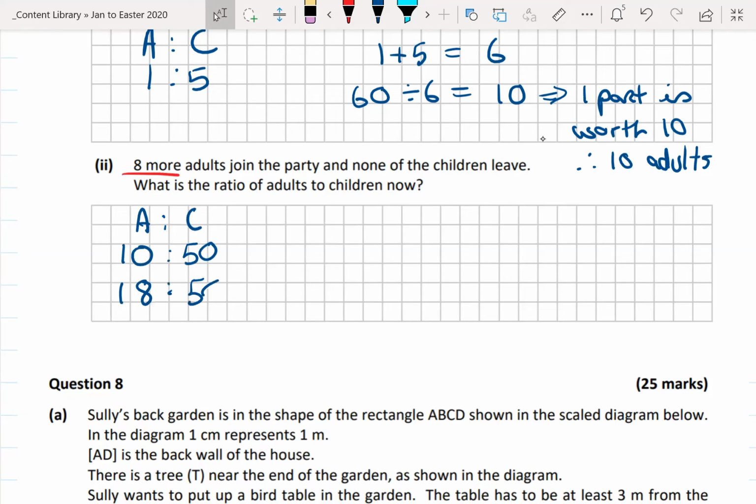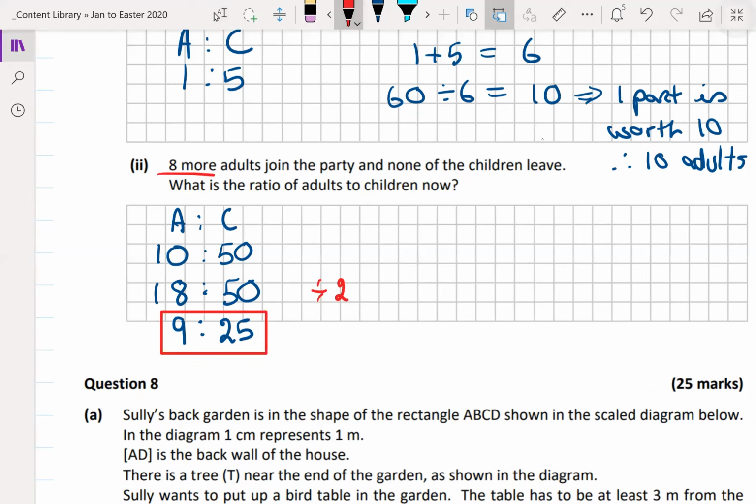That's the ratio now. We should try to break this down as much as we can. What number will divide into 18 and into 50? So 2. Divide both sides by 2, so that leaves us with 9 to 25. Is there anything that divides into 9 and 25? No. So that's our final answer.